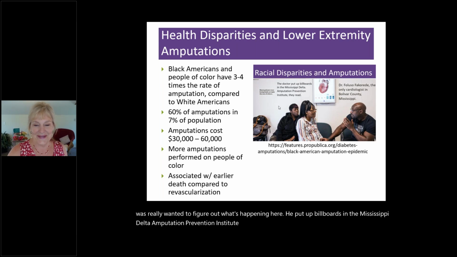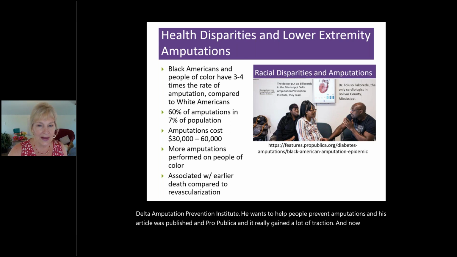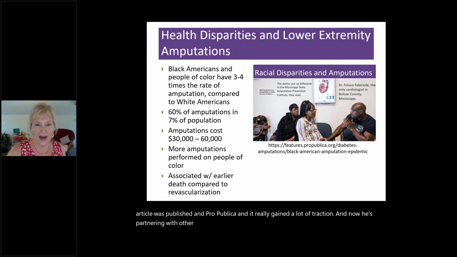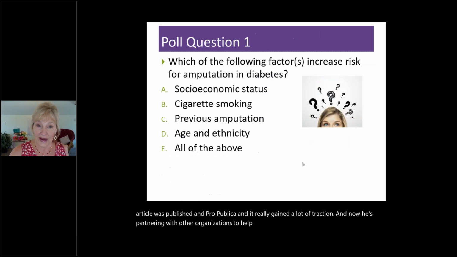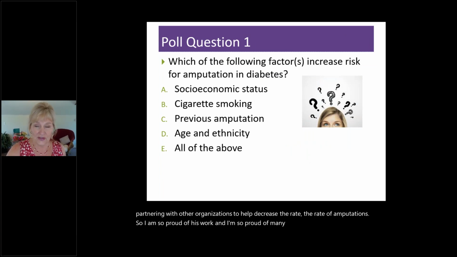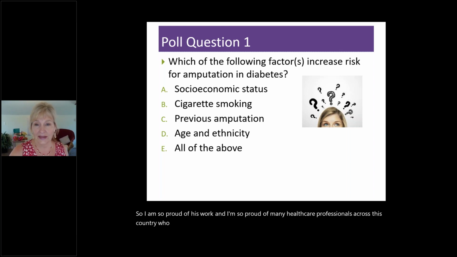He wants to help people prevent amputations. His article was published in ProPublica, and it really gained a lot of traction. And now he's partnering with other organizations to help decrease the rate of amputations. So I am so proud of his work, and I'm so proud of many healthcare professionals across this country who are rallying to raise awareness about this important issue.